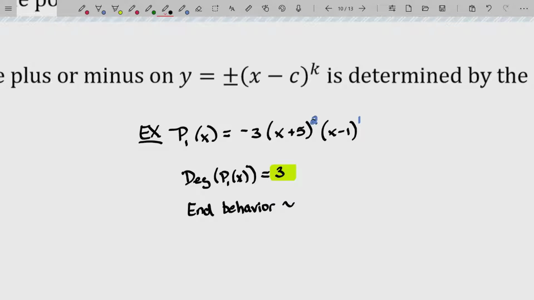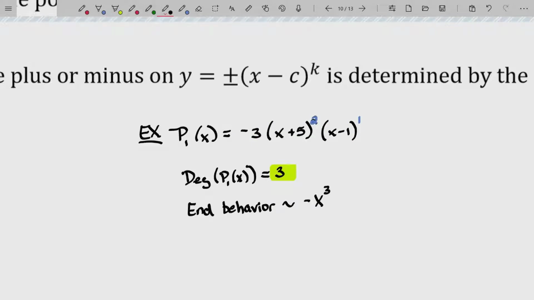So I'm going to say roughly x cubed, but then I have to worry about the lead coefficient of the polynomial had I multiplied it out. Had you multiplied out this polynomial, you would be able to see that the lead coefficient is negative. It would actually be a -3x cubed, but I don't really care about the 3. I just care about the fact that it is negative. So let's go ahead and write down the fact that it is roughly a -x cubed.